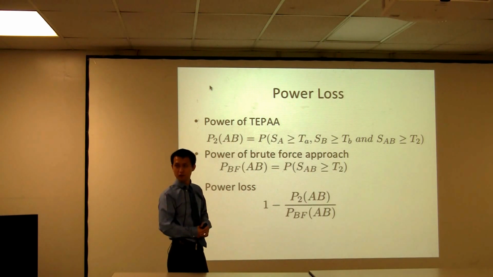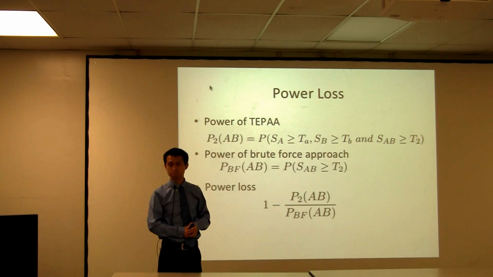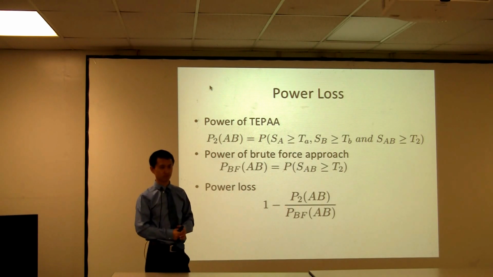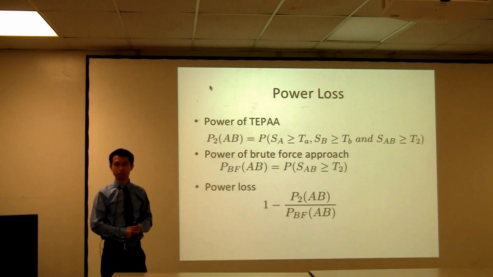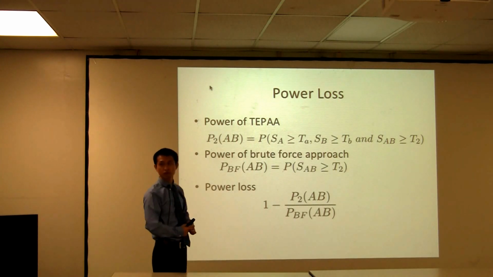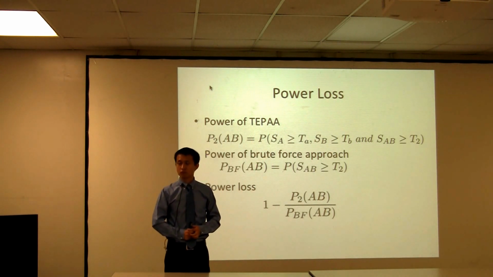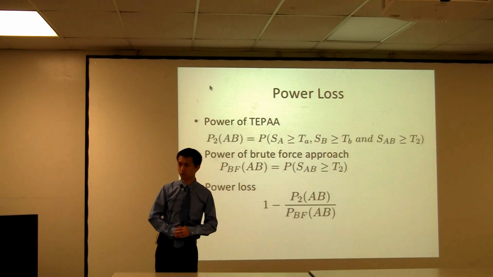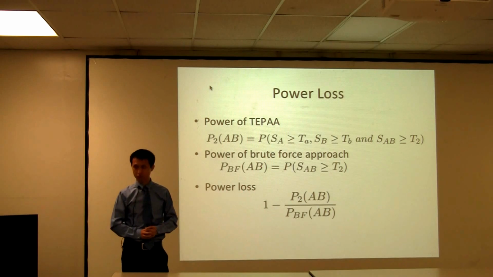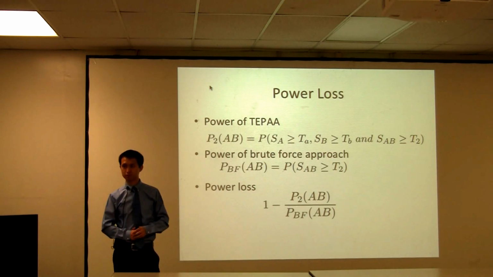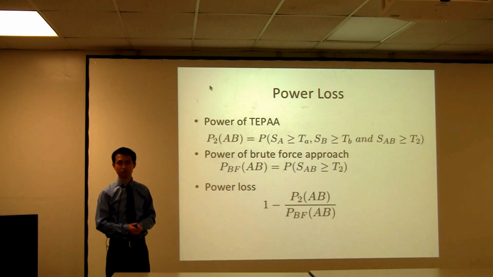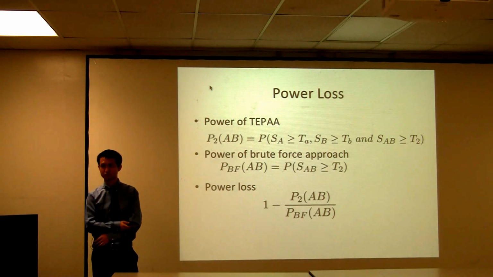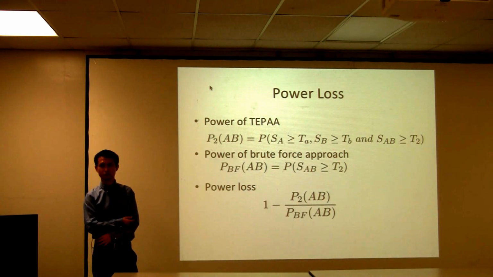There's a lot of correlation between statistics when you're looking at multiple tests. No one can actually do permutations and compute all the pairs, because it takes months.